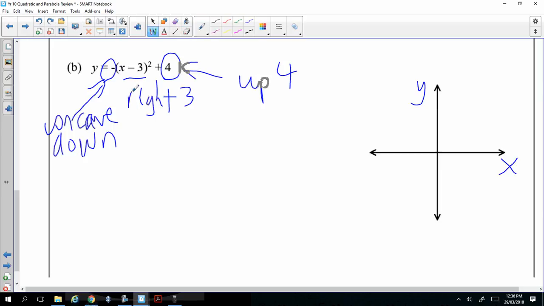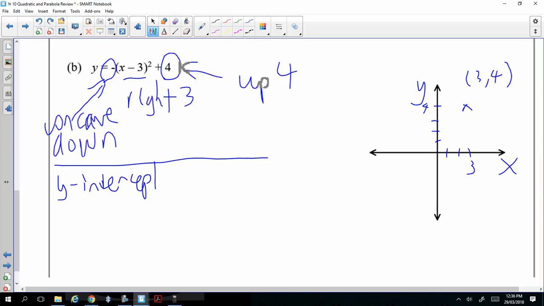It's going to be concave down, but before that, let's work out the y-intercept. Put x as 0: y equal to negative, bracket, 0 minus 3 squared, plus 4. You square the negative 3 to get positive 9, but there's a minus in front, so the answer is negative 5. So it crosses the y-axis at negative 5.